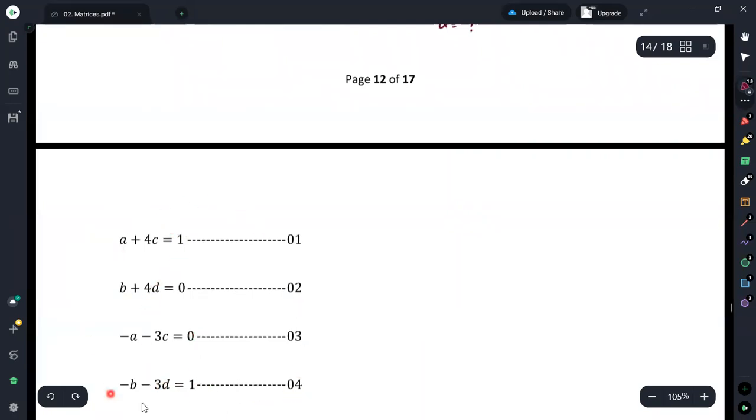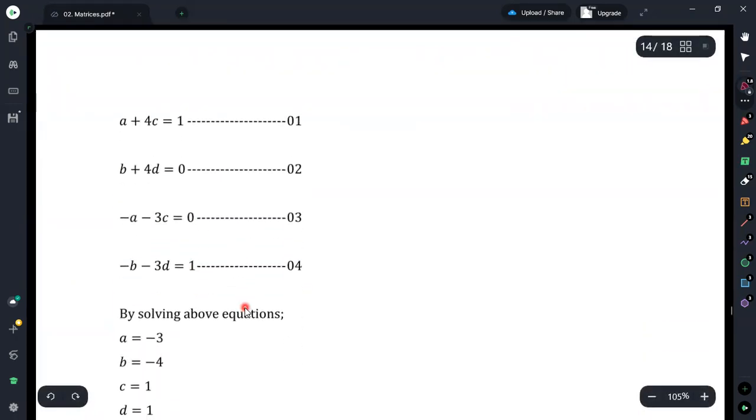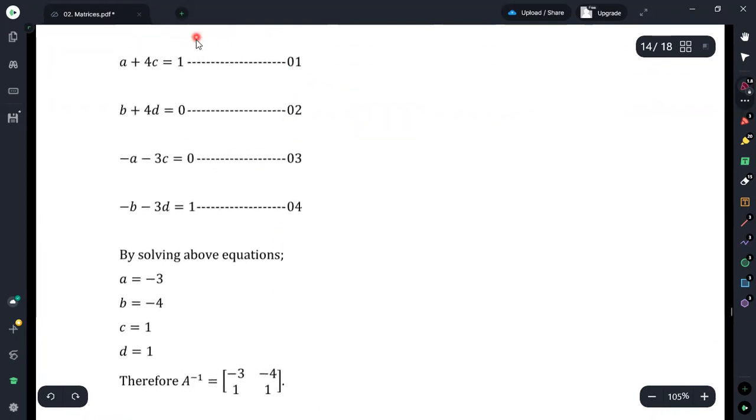These are the set of equations that we were able to construct, and we need to solve these four equations, and by solving them we can obtain the values of a, b, c and d. Thereafter, we have to include these values inside the A inverse.